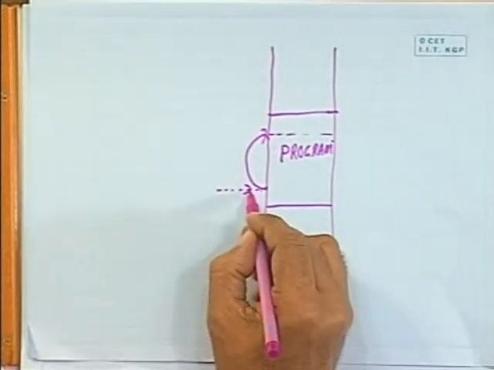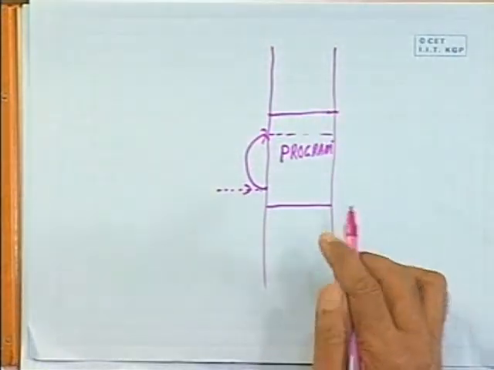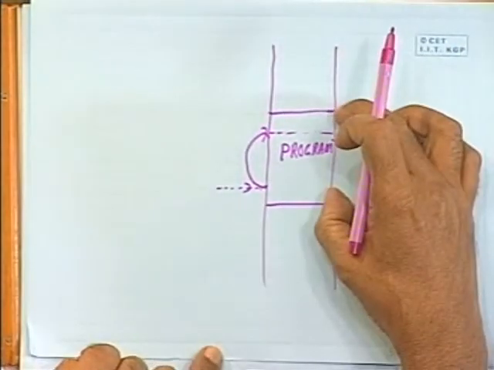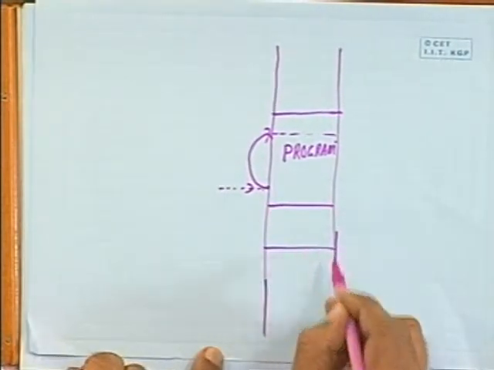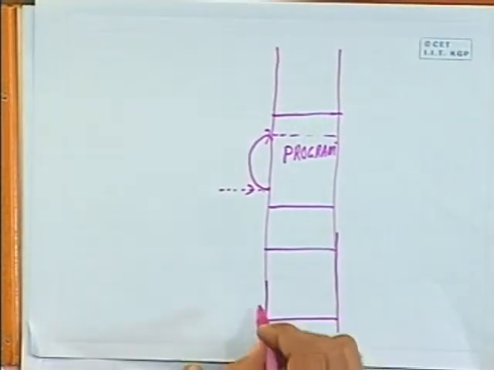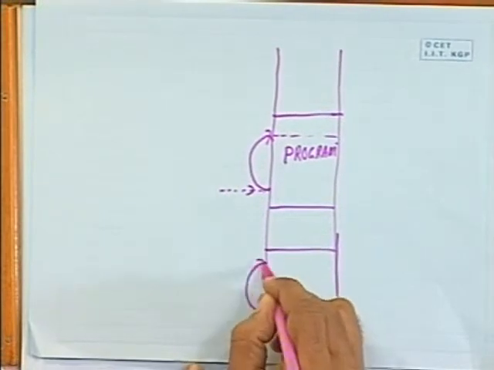depending on the value of the program counter, the entire program can be shifted. Suppose this program is now shifted here, and you are again looping from this to this.